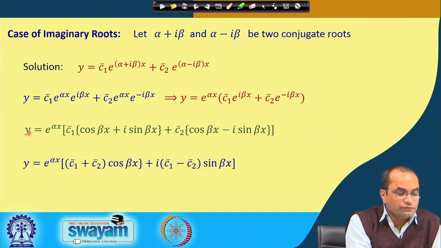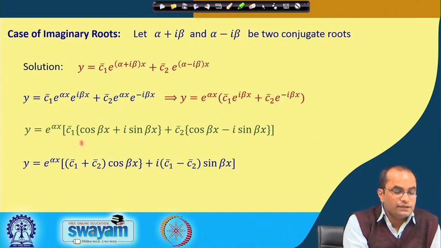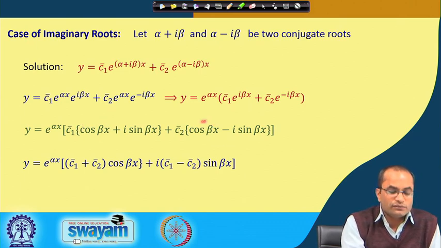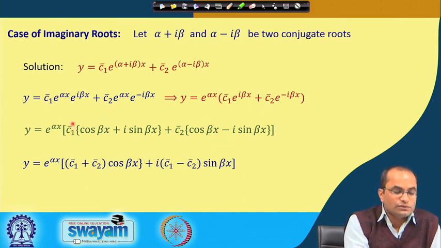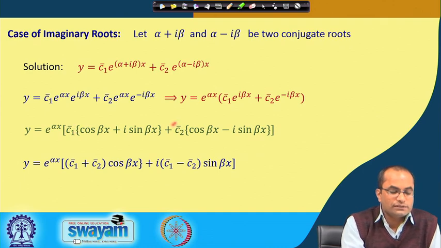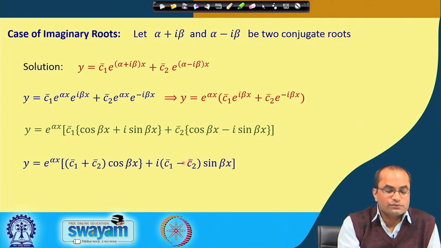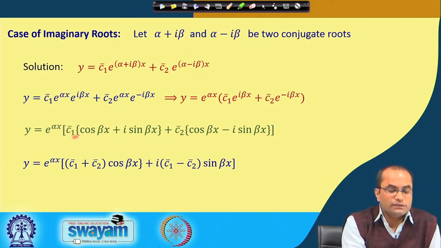what we will do here, y is equal to e power alpha x the same, and here cos beta x, here also we have cos beta x. So, these constants C 1 and C 2 bar we have combined, and with the sin beta x also we have the i term with C 1 bar minus C 2 bar.